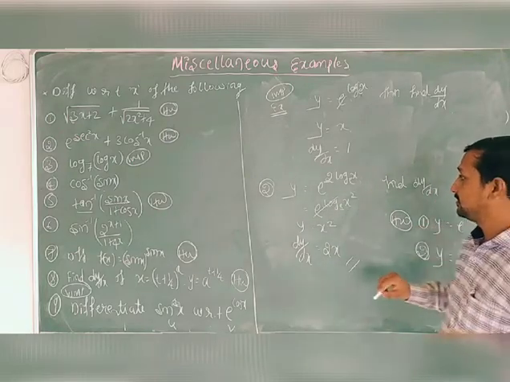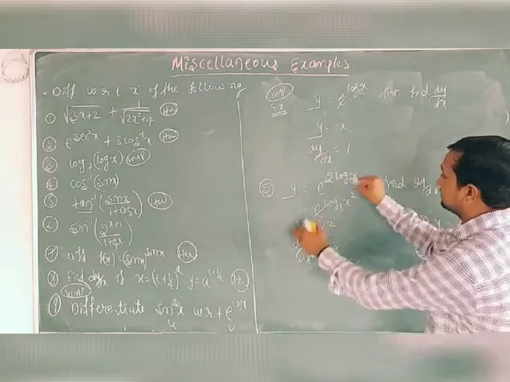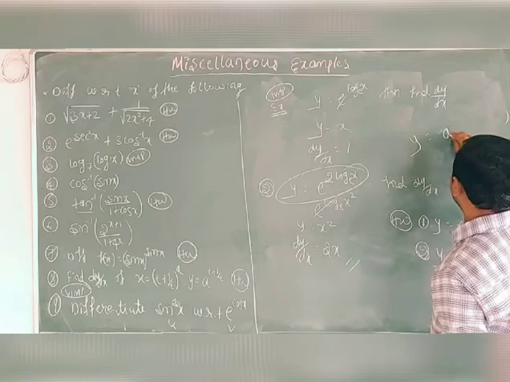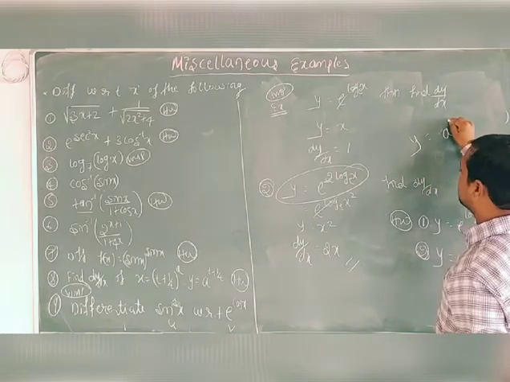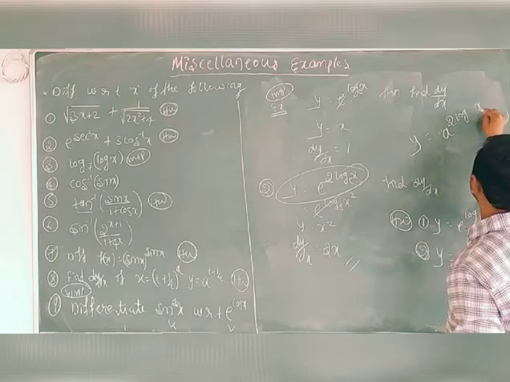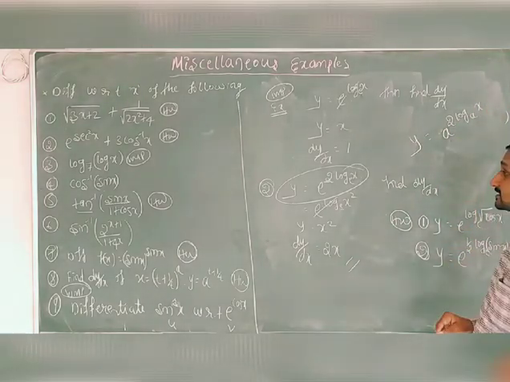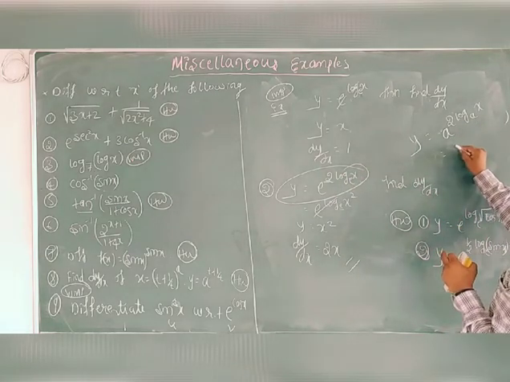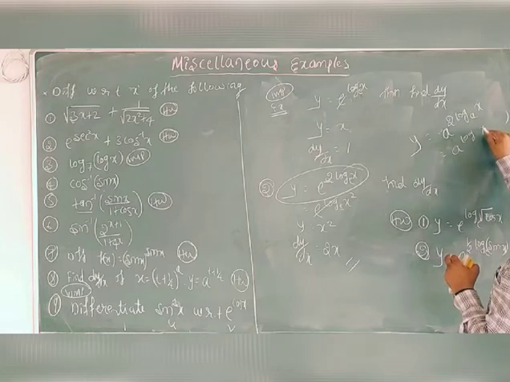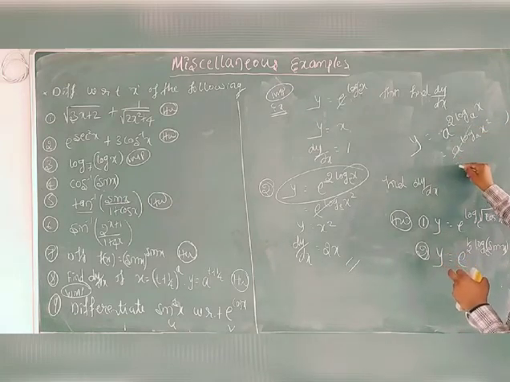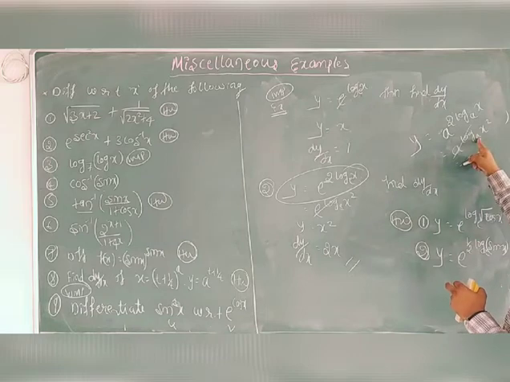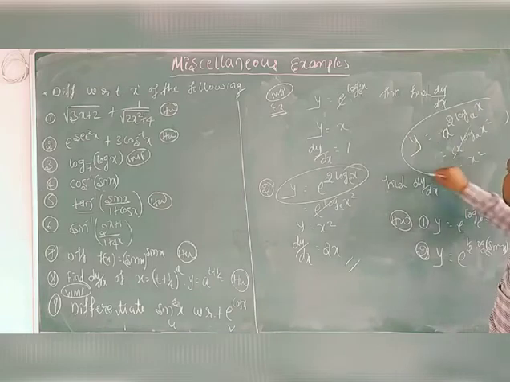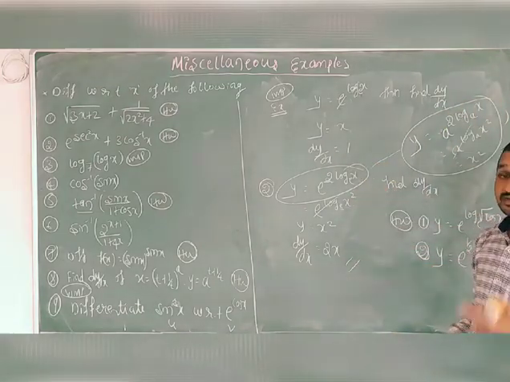Suppose this type of example is y equal to a raised to 2 log of x to the base a. Instead of e, I can take the base as a. Here also the same procedure: a raised to log of x square to the base a. The a gets cancelled, remaining x square. I can take a as an exponential base. This is also the same procedure. Is that clear?